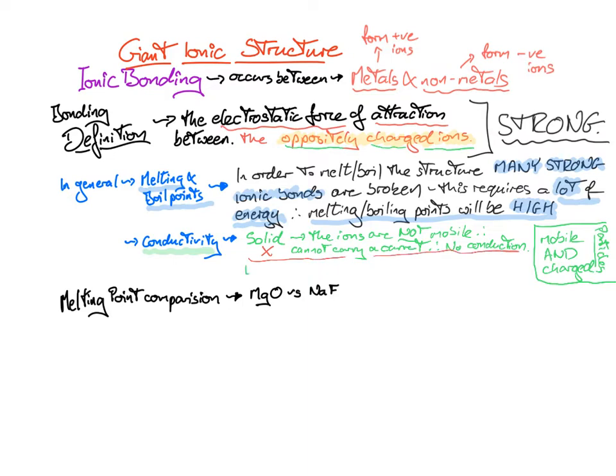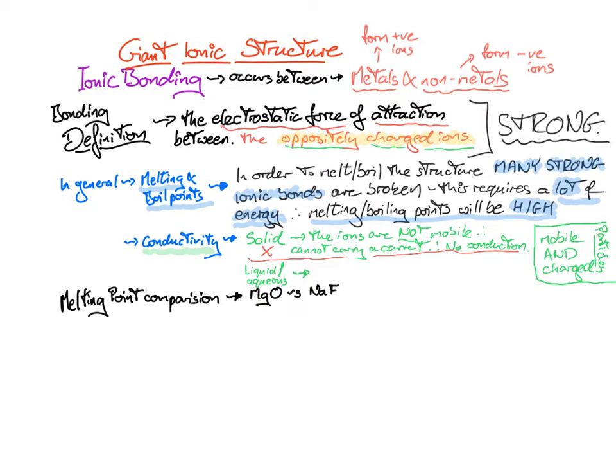What about liquid or aqueous? We aren't going to talk about gases because gases are a bit strange when it comes to ionic gases, but liquid or aqueous, we can deal with that. So liquid, i.e. when we've melted it, or aqueous, when we've dissolved it up in water, is this going to conduct?